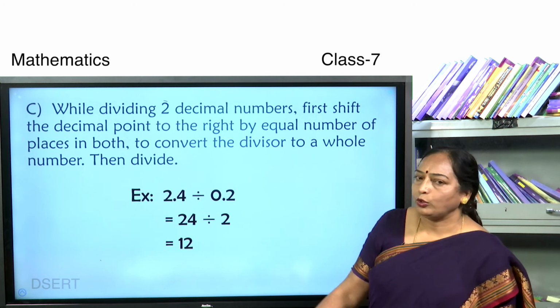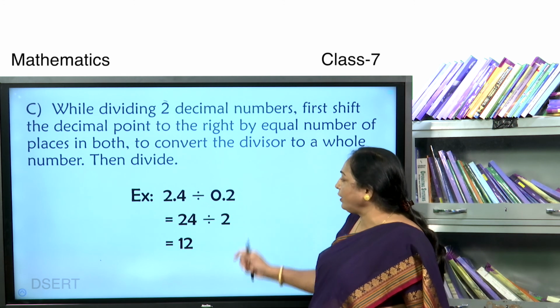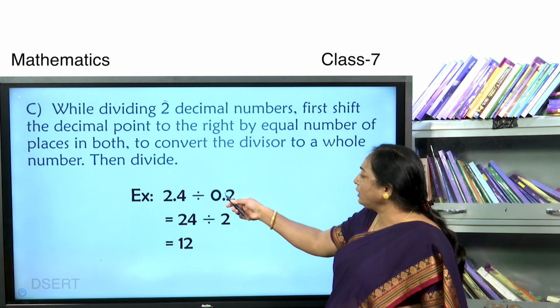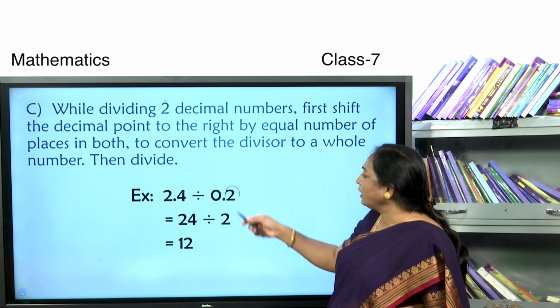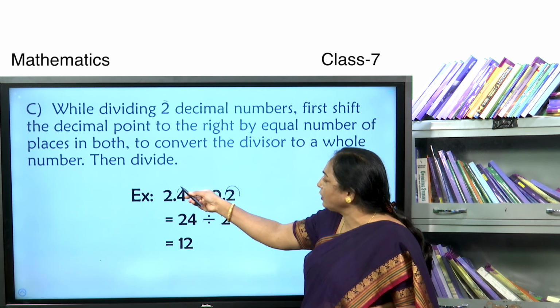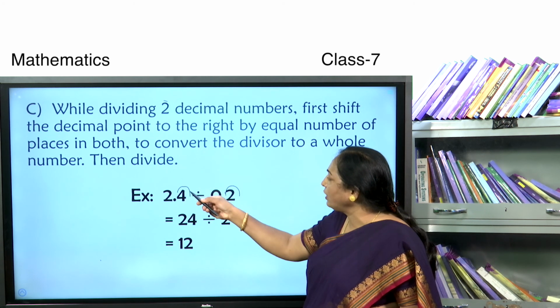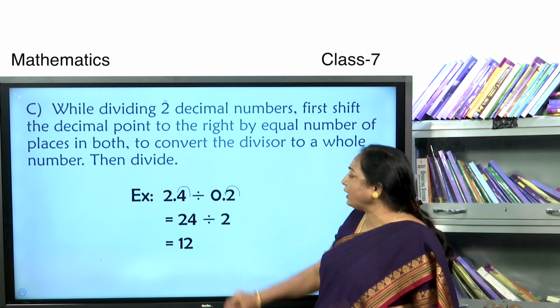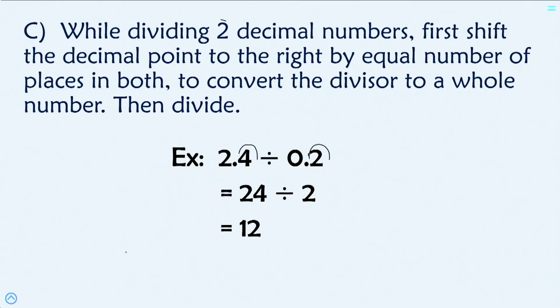For example, 2.4 divided by 0.2. Here we have to shift the decimal point one place towards the right, and in the dividend also we have to shift the decimal point one place towards the right. It will become 24 divided by 2, that is 12. Answer is 12.